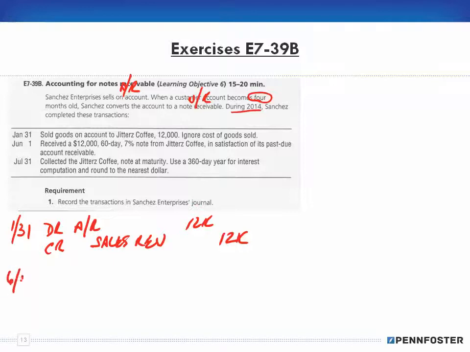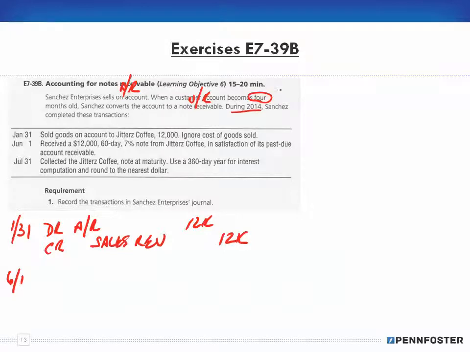On June 1st, received a $12,000 60-day 7% note from Jitzer Coffee in satisfaction of its past due accounts receivable.